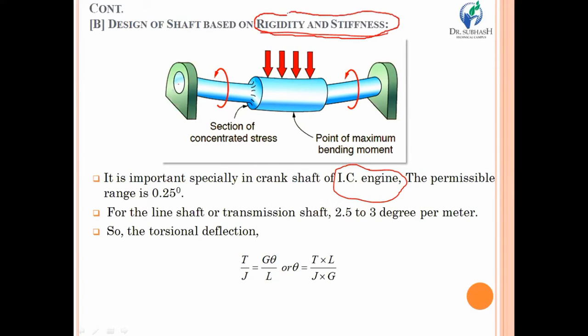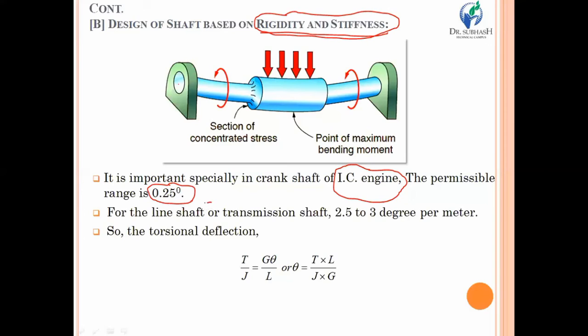For example, if you are designing an IC engine crankshaft, the maximum permissible limit of deflection should be 0.25 degree. That means beyond 0.25 degree, your crankshaft should not deflect. This is the design based on rigidity and stiffness.